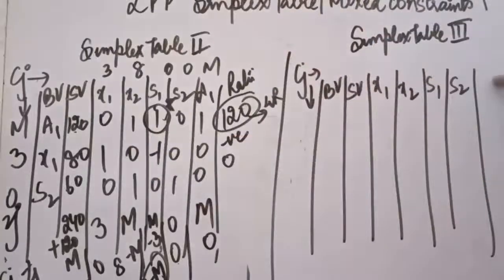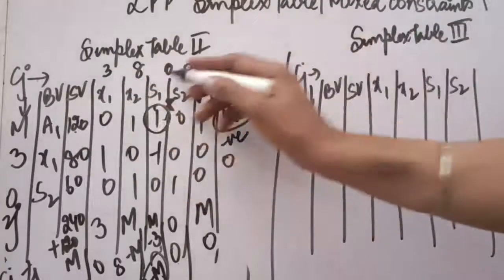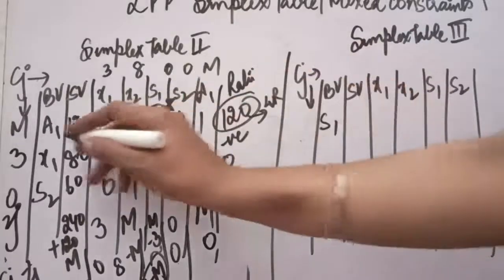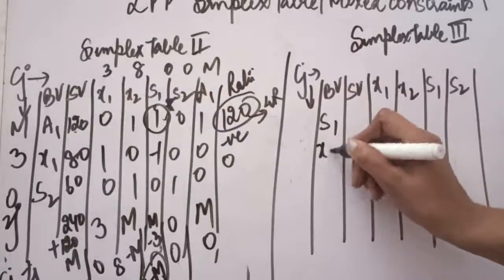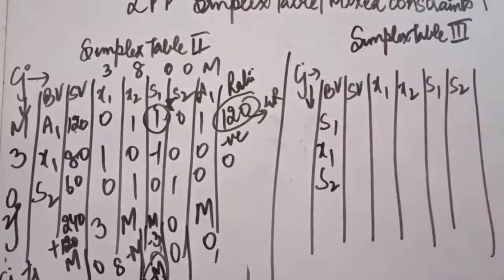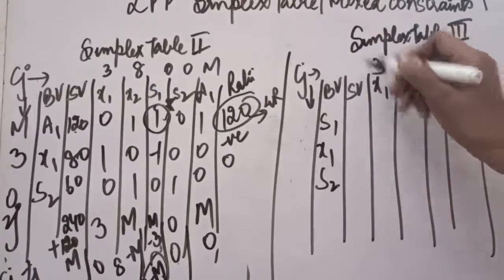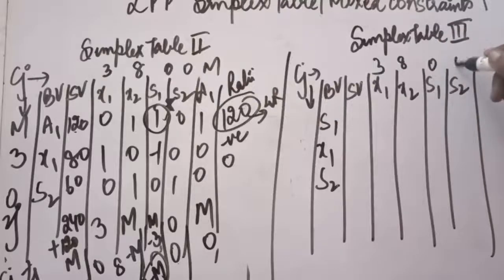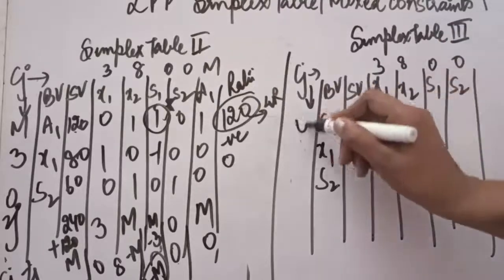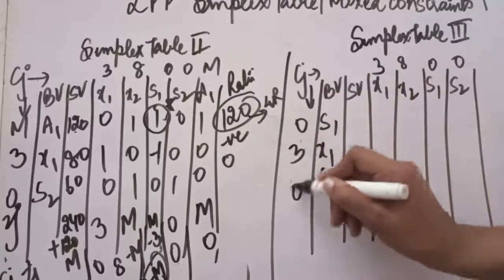A1 is leaving. So we can leave A1 from here also. In place of A1, S1 is entering. S1 has come. X1 is at its own place. S2 is at its own place. The values of Cj I am just copying from here, 3, 8, 0. And here also we can say this is 0, this is 3, and this is 0.